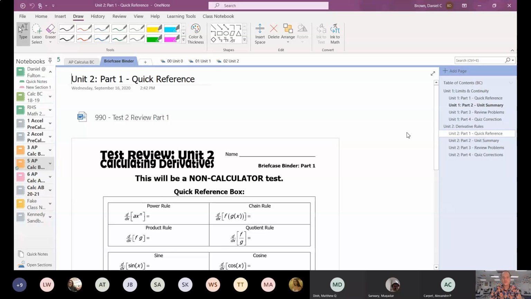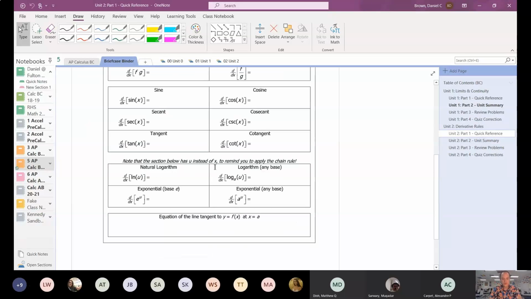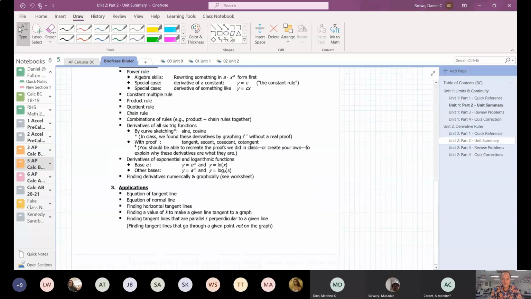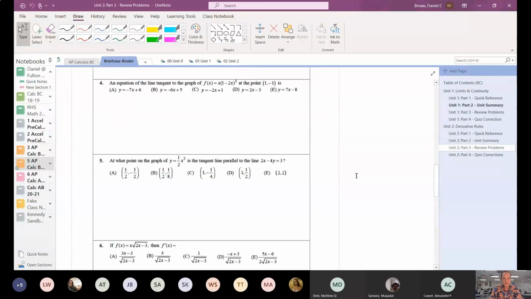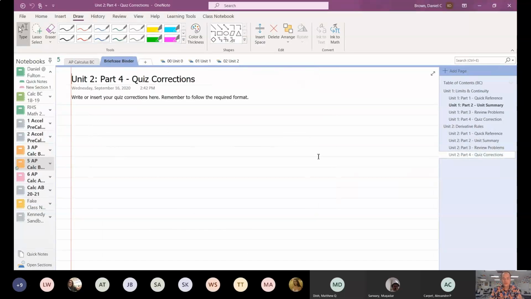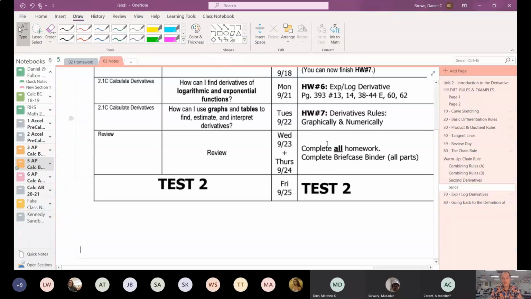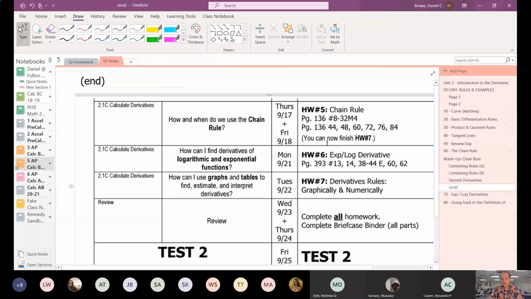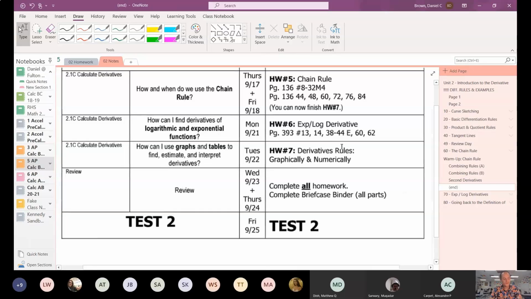You can fill out all of it now except for these log rules that we have. The unit summary I posted, so you can start that. I've posted the review questions, which there are 7 of them. And then you can also begin your quiz corrections as well. So any of those you can do to get ahead. Monday will be notes, Tuesday will be notes, and then Wednesday and Thursday are going to be review days.